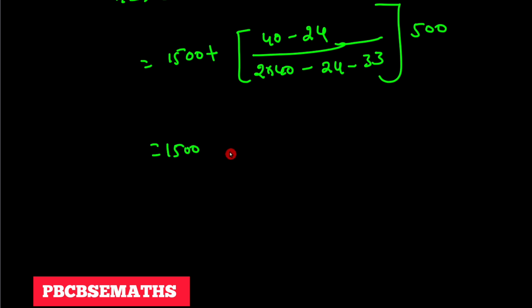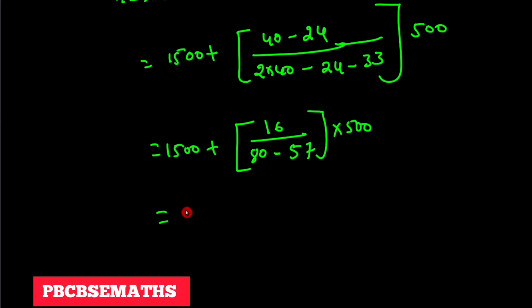So we got 1500 plus 40 minus 24, which gives us 16, divided by 80 minus 33 minus 24, which gives us 57, into this 500. So we got 1500 plus 16 by 80 minus 57, that is 23, into this 500.